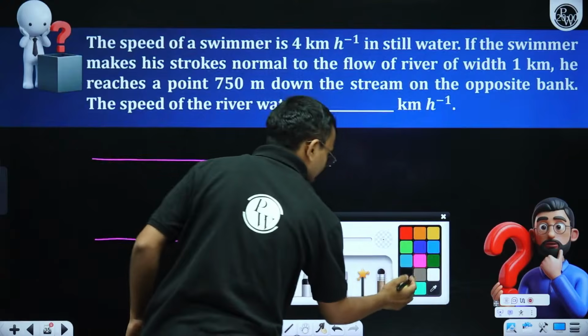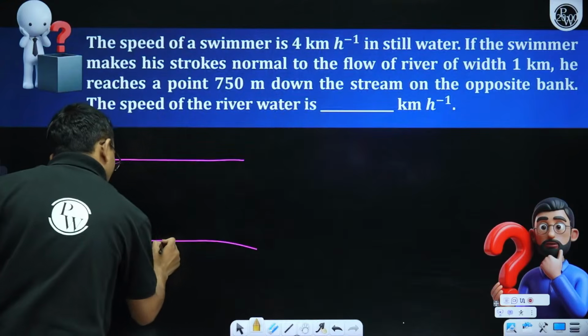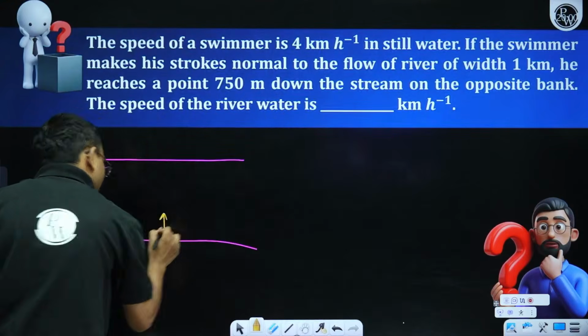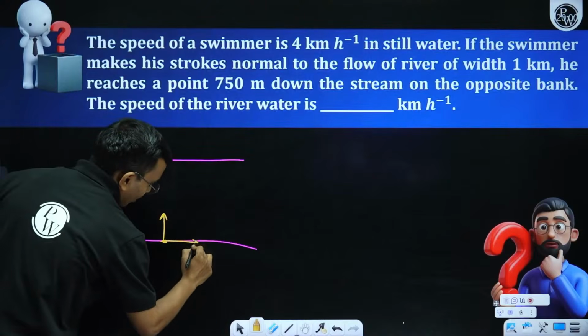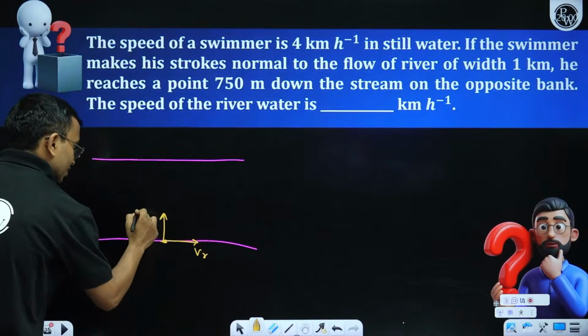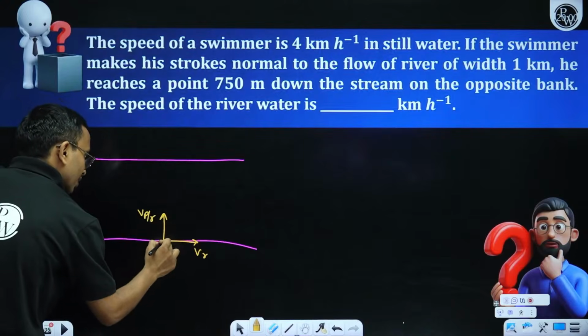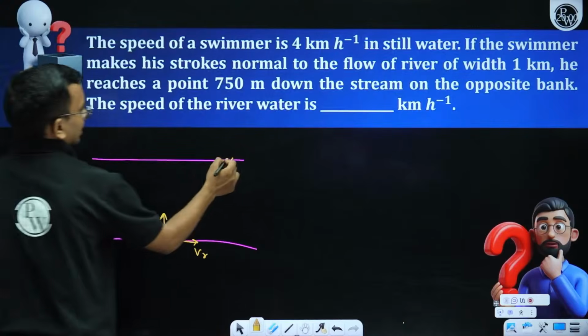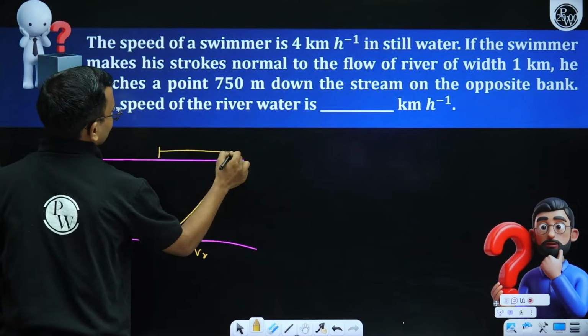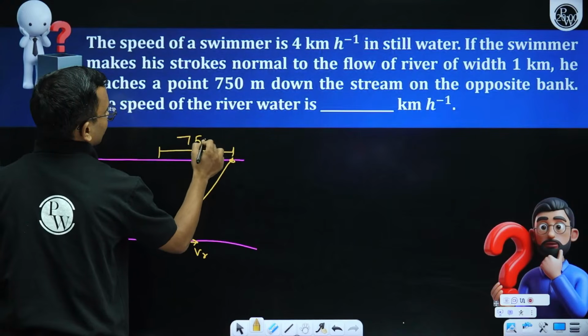The person is putting its velocity in this direction. This is the velocity of the river. This is the velocity of the person with respect to the river. The person moves along the resultant, somewhat like this. He reaches here and this distance is 750 meters.